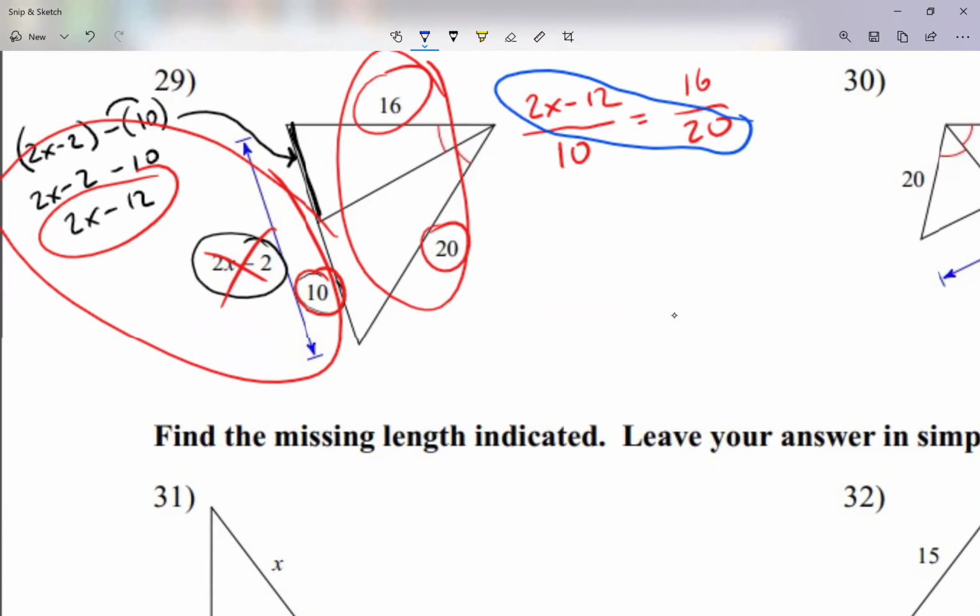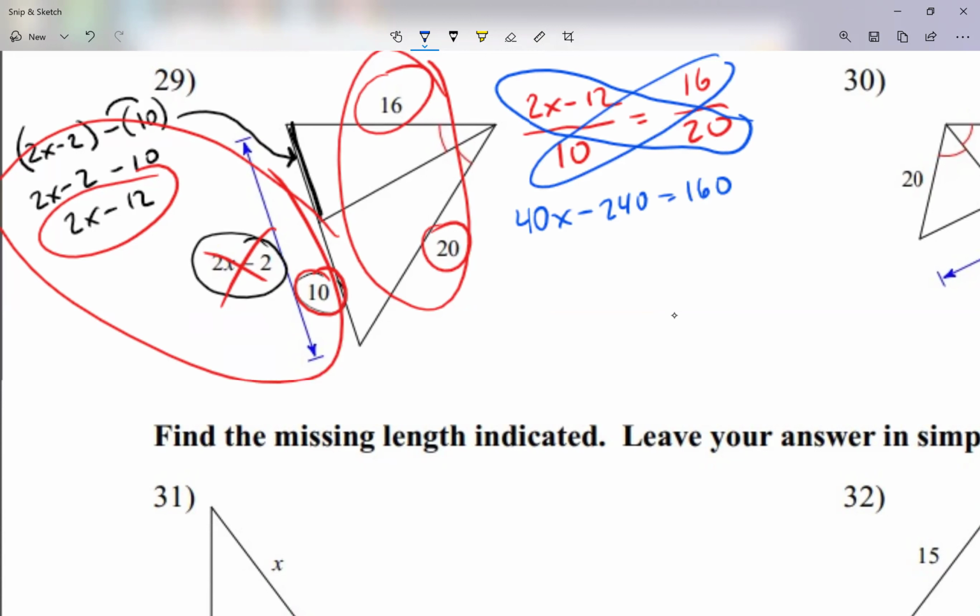Because of the minus, I'm going to go 20 times 2x and 20 times 12. So that's going to give me 40x minus 240. It's equal to 160. So this minus 240, let me go as plus 240.